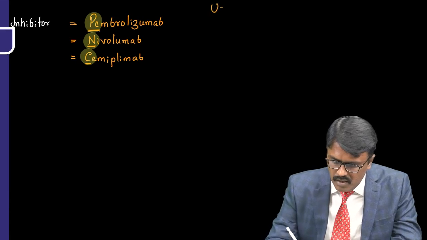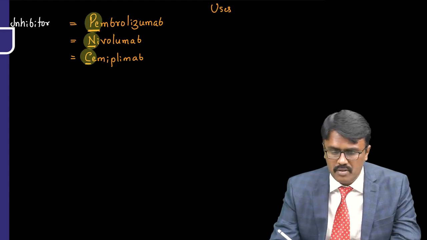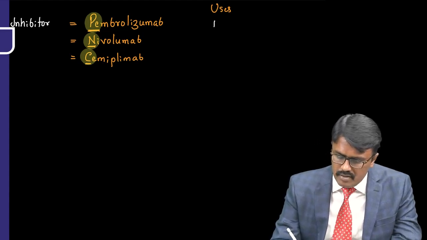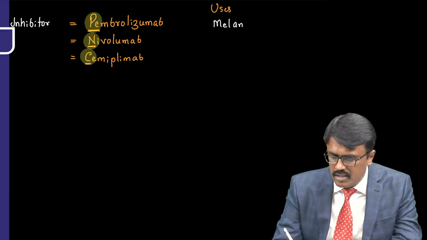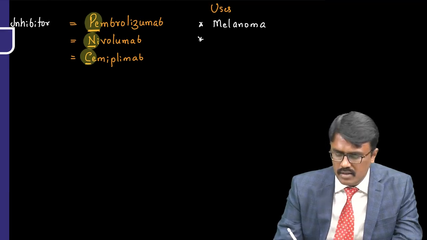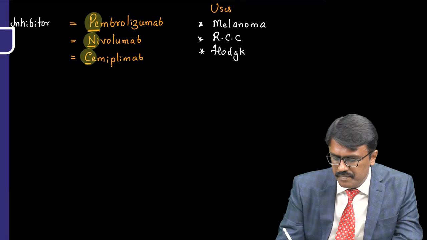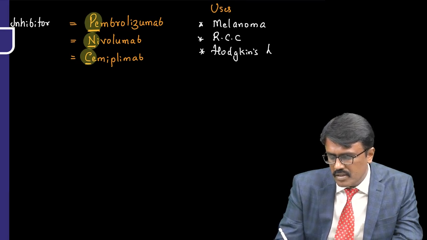Now where to use it? Uses. Now remember the uses are around 18. Should we remember all those things? Not required. They were discovered initially for melanoma. They are used for melanoma. They are used in RCC, renal cell cancer. They are also used in Hodgkin's lymphoma.